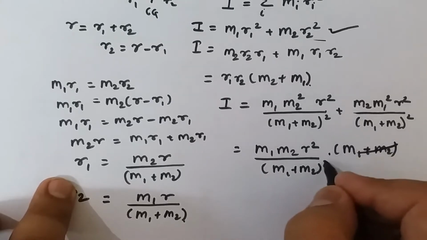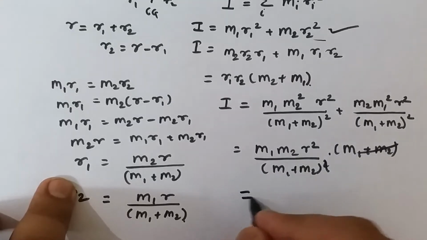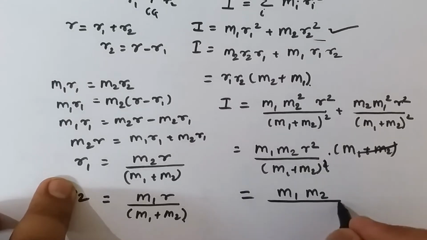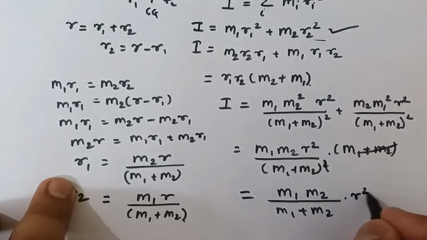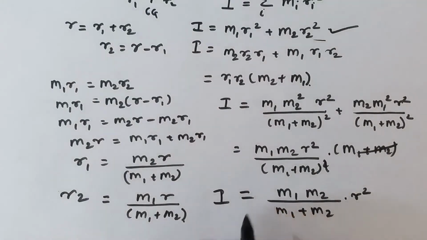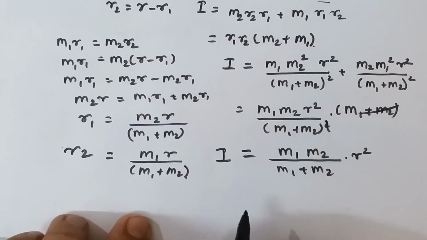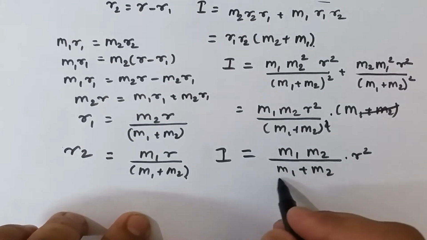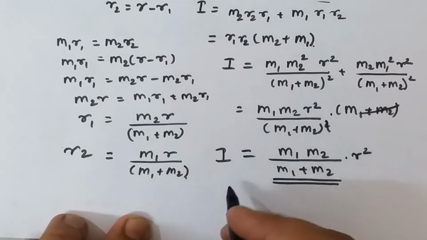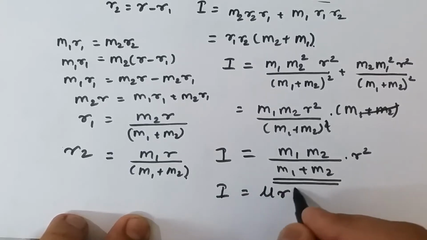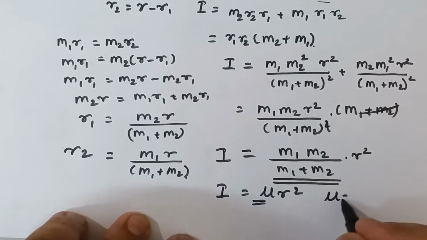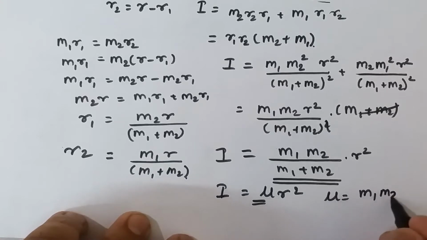So one factor of m1 plus m2 will cancel out and we will have m1 m2 upon m1 plus m2 into r square. This will be the value of the moment of inertia, and this particular term is known as the reduced mass, and hence I can write I is equal to mu r square, where mu is equal to m1 m2 upon m1 plus m2.